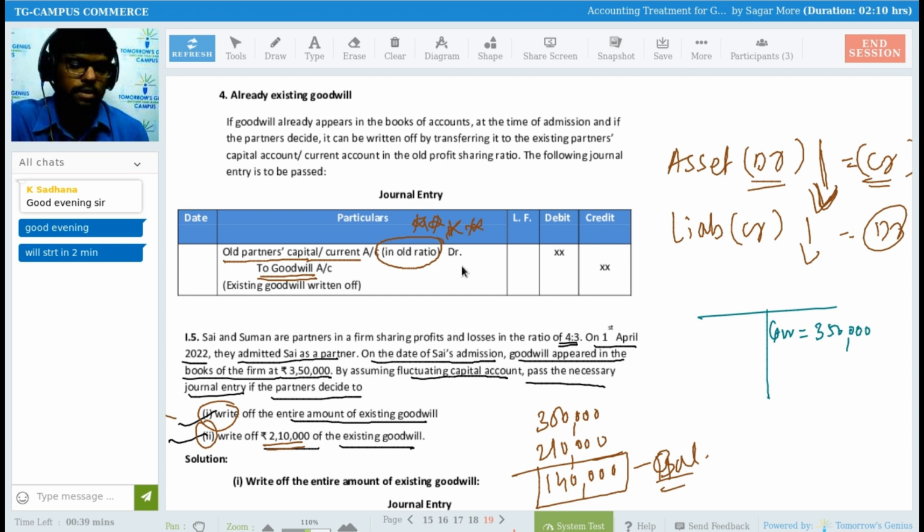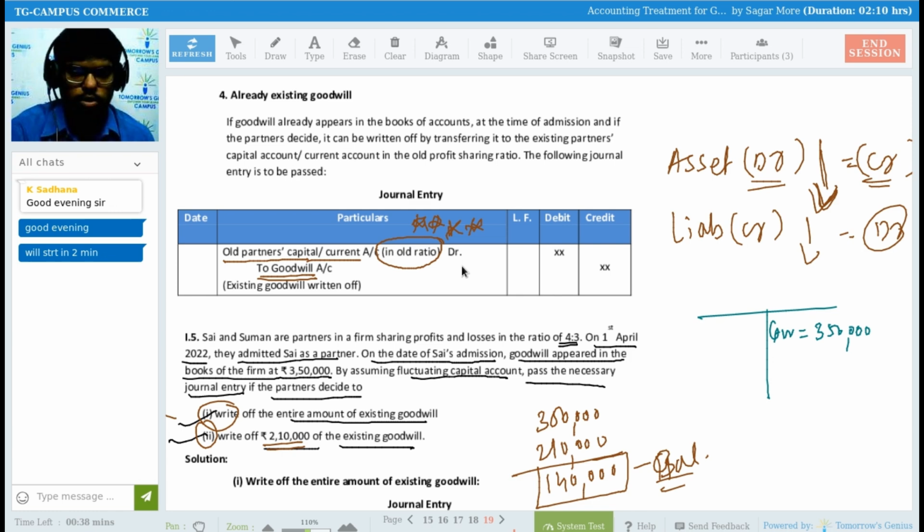Suppose a partner is retiring from the business, he is not going to get any goodwill amount, because we have written off the goodwill. So whenever goodwill is written off, we have to decrease that much amount from the partners' capital balances. That's why we debit old partners' capital and current account as per their old ratio.